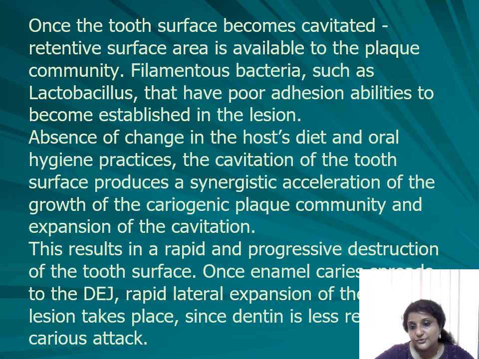This gives the opportunity for the filamentous bacteria, which have poor adhesion. So filamentous bacteria like lactobacilli grab onto this irregular surface and they bring about the progression of caries. So the microorganism that initiates caries and the microorganisms that progress caries are different.